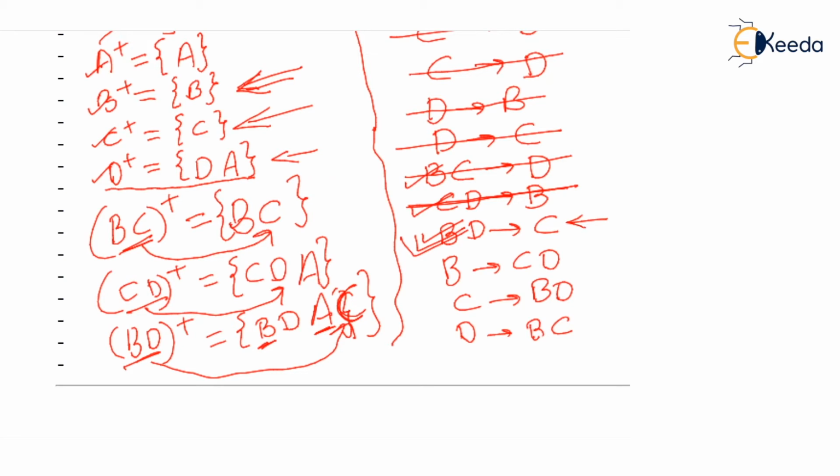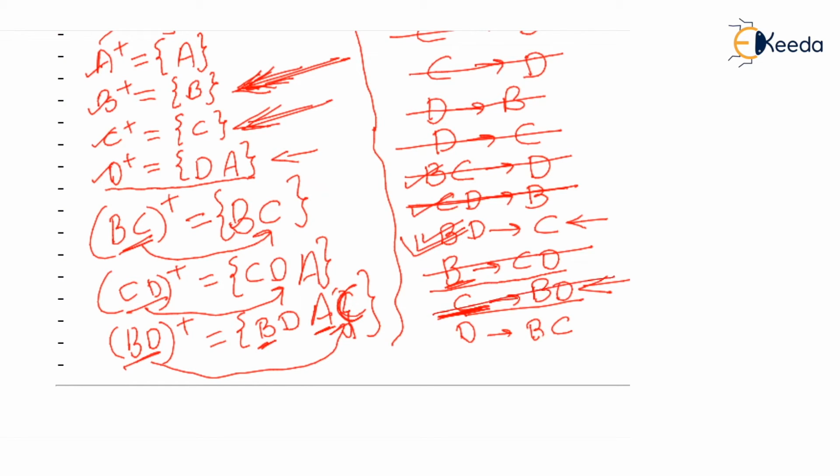Is B determining CD? This is easy to check. Left hand side is B, so find B closure. Note B closure is not containing CD, so not satisfied. This dependency, C determines BD, is not satisfied because C closure is simply containing C, it doesn't contain BD.